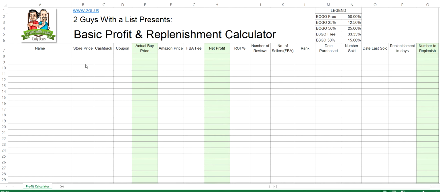So as you can see, it's based in an Excel spreadsheet. I've allowed a space here to put the name of the product so it makes it easy for you to remember what it is. Okay, so let's just put example for now. Next cell is basically just the store price, exactly what you paid for it.